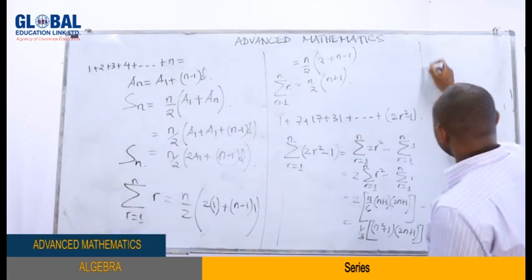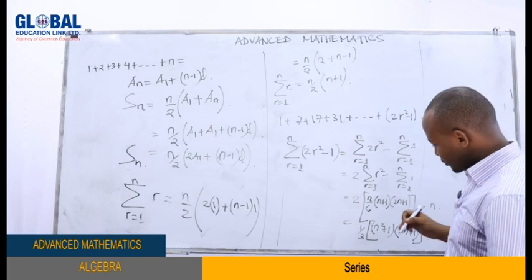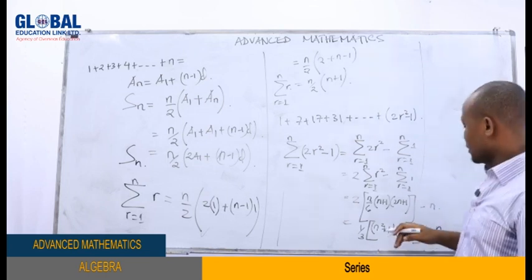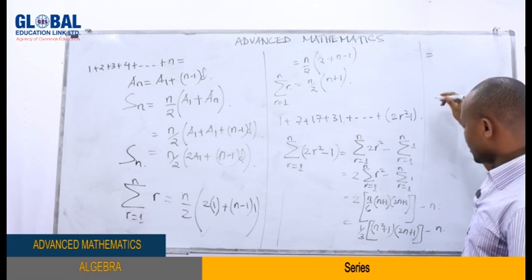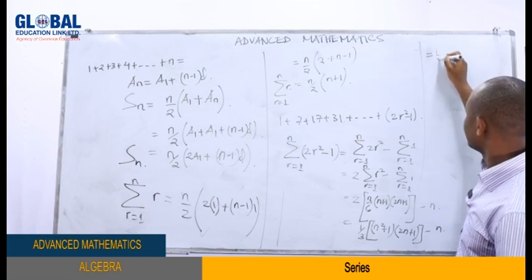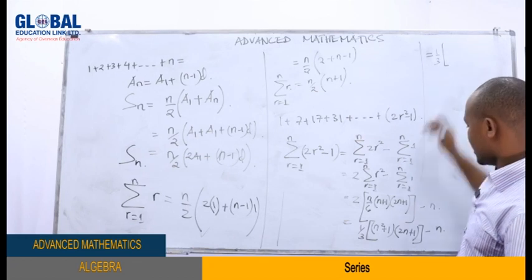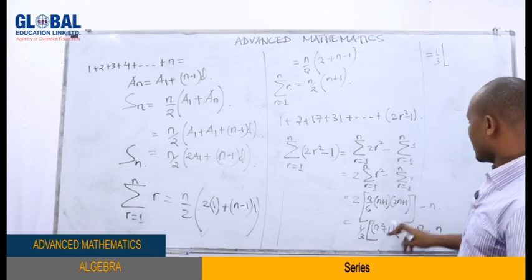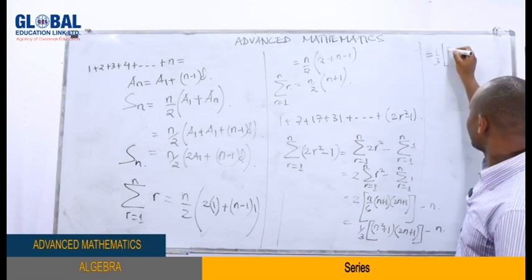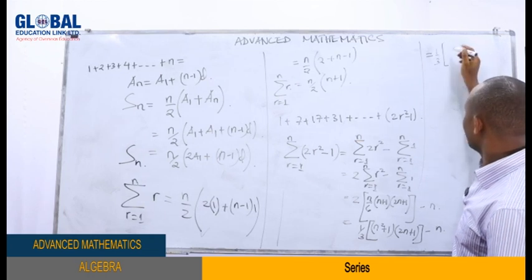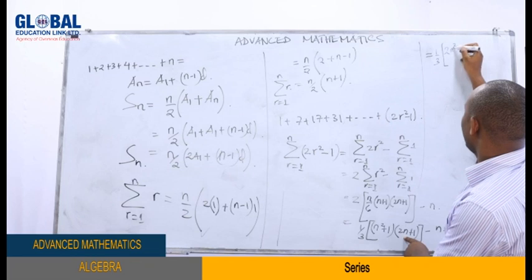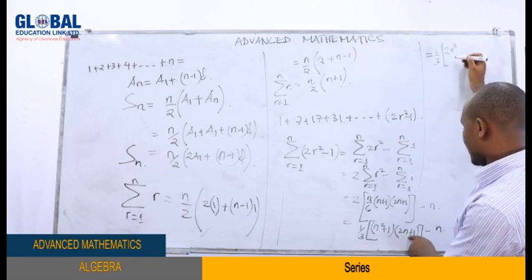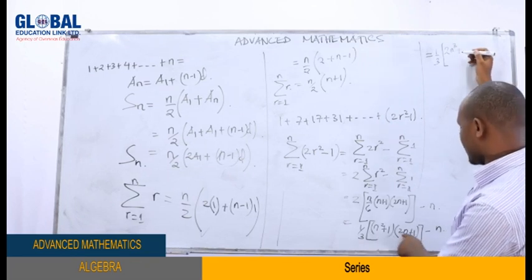Now let's use that part to simplify. So it will be equal to 1 over 3. Let me open the inside brackets. It will be 2n cubed, and then we are going to have plus n square times 1.